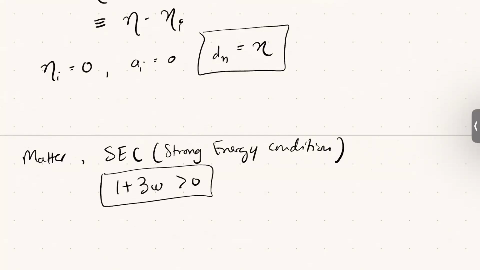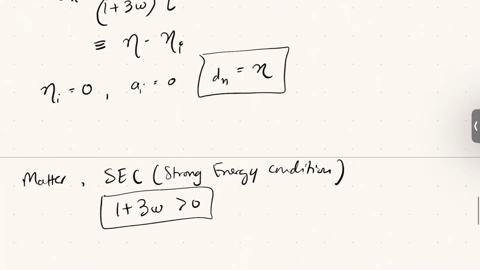And this strong energy condition is what makes the expansion of space. Okay, this is what makes an expanding space time. Now, we are sort of countering this, right? We're sort of countering this idea that space is expanding. We say that space is not expanding, but now we have a shrinking Hubble sphere.